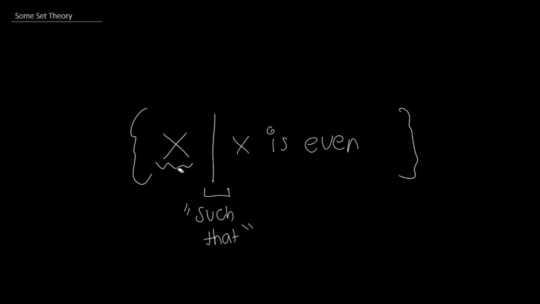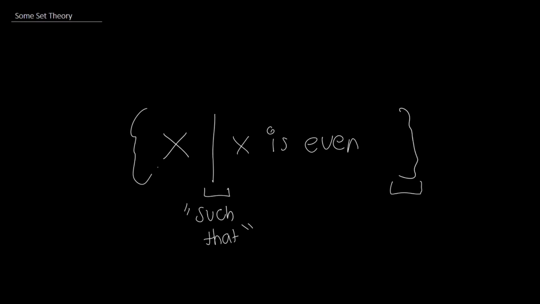So if we translate the entire thing, we'll have the set, which is denoted by these brackets here, which contains X because X is within these brackets, but we want X such that X is even. And I know it seems like a mouthful, and you won't instantly get it, but you'll get used to it very quickly.